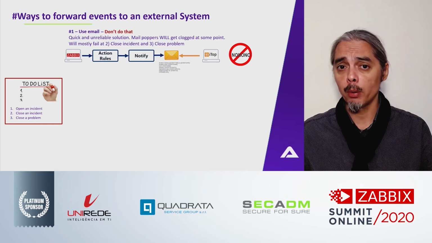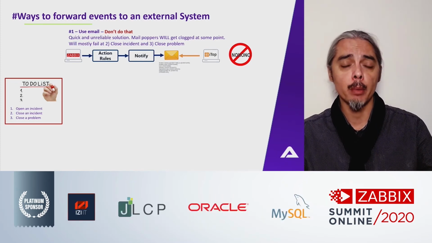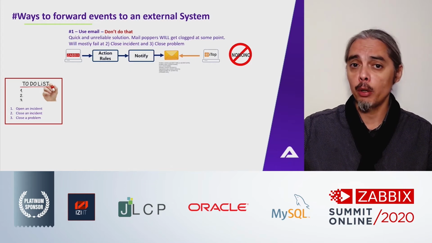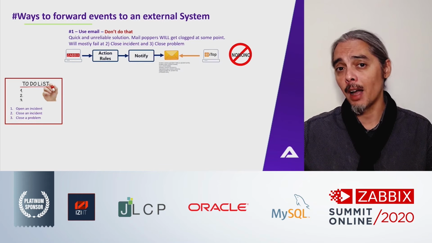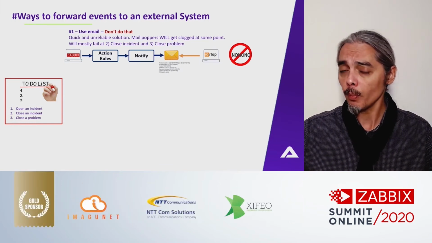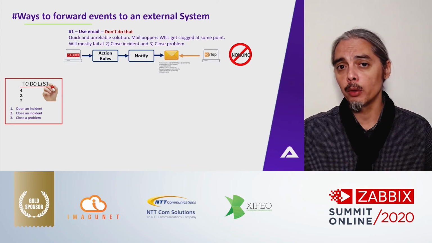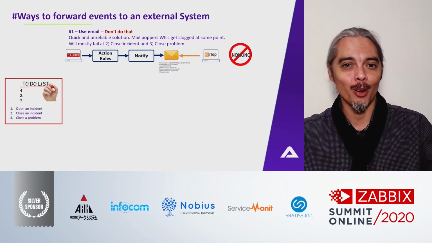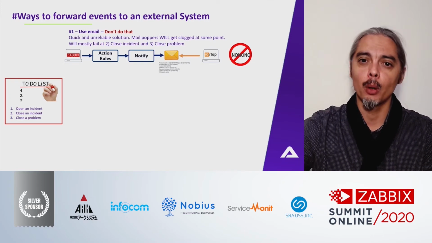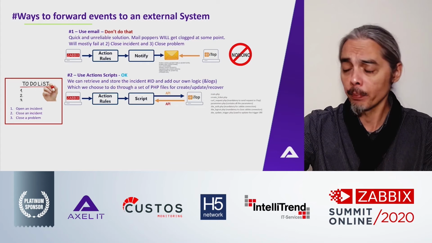Plus, at some point you're going to have a major issue, and you can generate hundreds or thousands of emails, and the mail reader of the ITSM, the helpdesk system, chances are it won't be able to live up to that amount of issues to create. So you will have issues doing email integration.